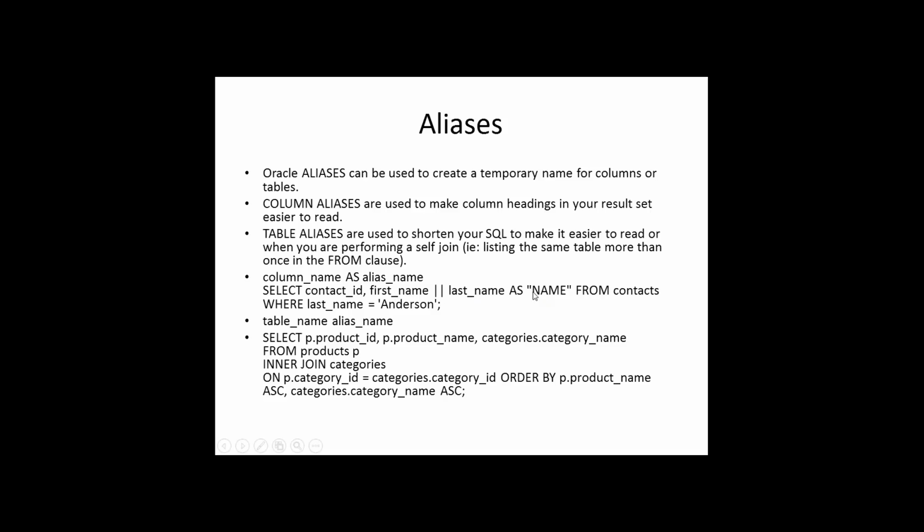Instead, if you want to give it a particular name, then we give it a name, followed by the table name and the where condition. So instead of displaying the column name as a junk value, first name concatenation last name.